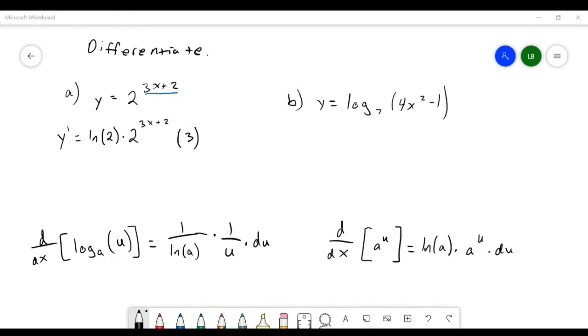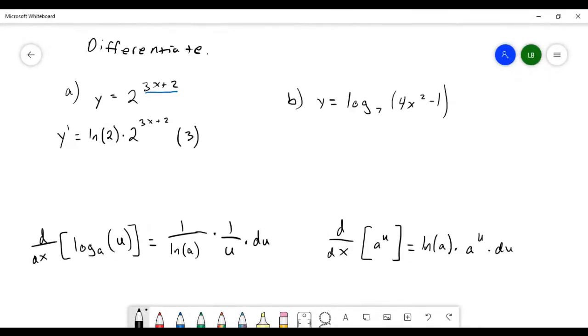Actually, b is probably going to be a bit of a pain to type out. We'll just go ahead and write it out for you. In this case, our base of our logarithm is 7.